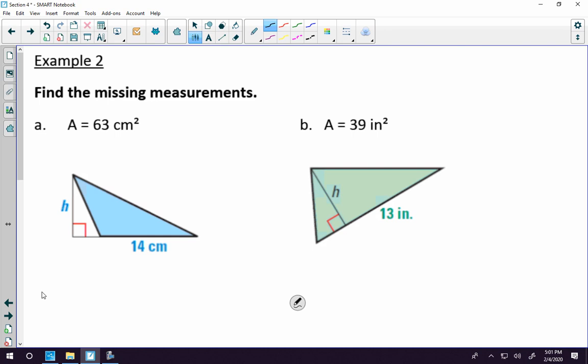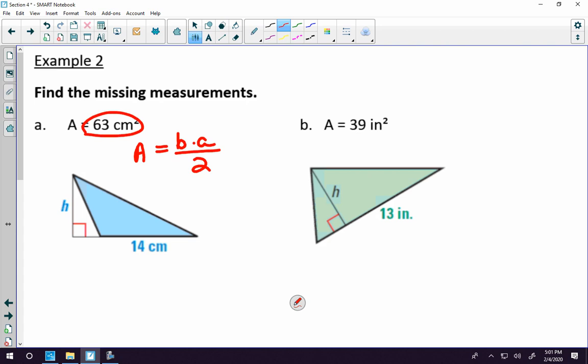In example 2, it says find the missing measurements. So we need to first understand what type of polygon we are working with. We're working with a triangle. So you say, okay, we're going with base times altitude. That'd be the area of a rectangle or parallelogram, but we're dividing by 2 because this is a triangle. So what's our given information?